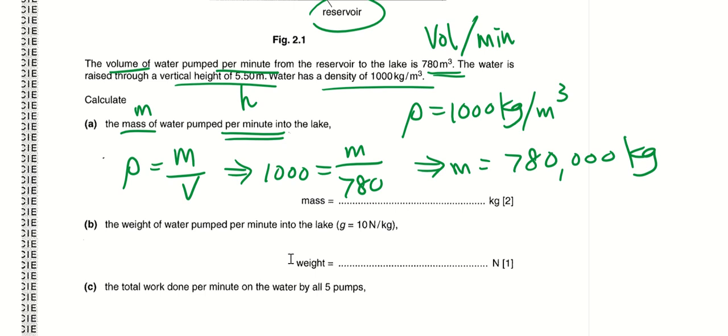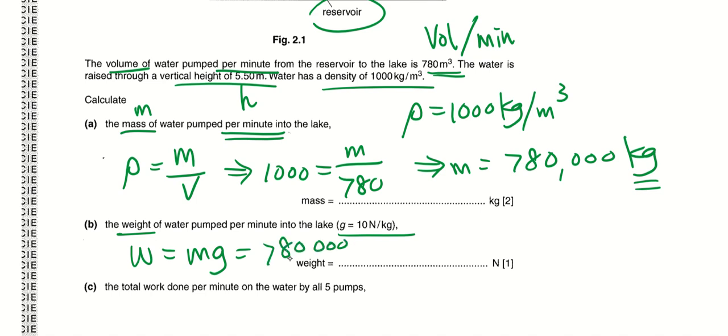Next, the weight of water pumped per minute into the lake. They give us g. So W equals mg. Just take note that everything is in SI units. Yes, my mass is in kg. So it's going to be 780,123 multiplied by 10. Therefore, it equals 780,000 newtons.